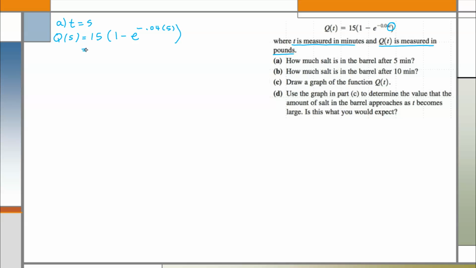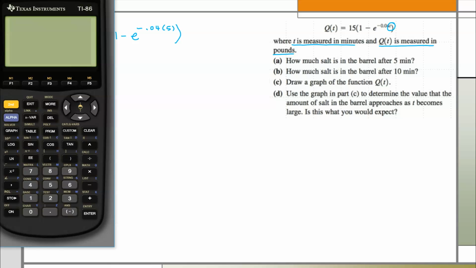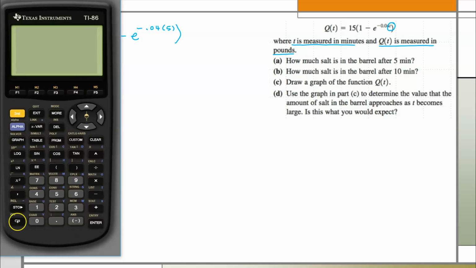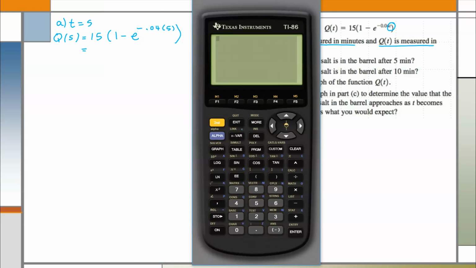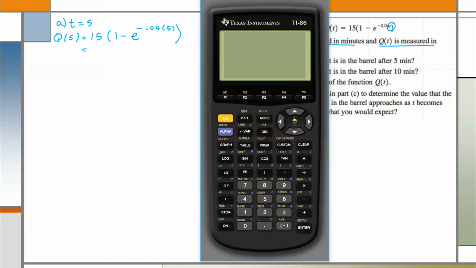Okay, so let's look at our calculator. 15 times 1 minus e raised to the, now on newer model calculators you don't have to put the parentheses, it'll do it for you.